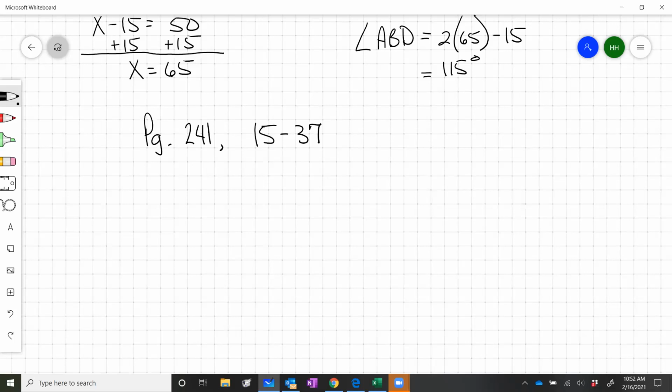And then page 250 (1 through 14). Check that. (1 through 22).